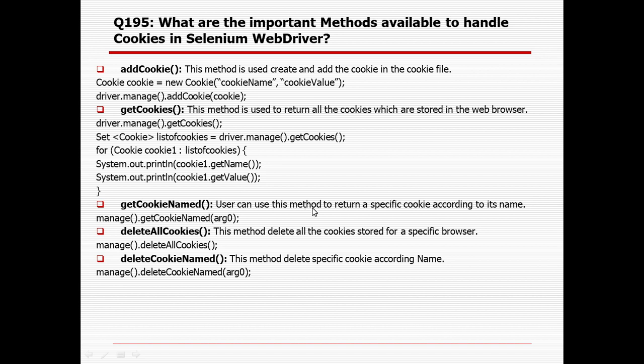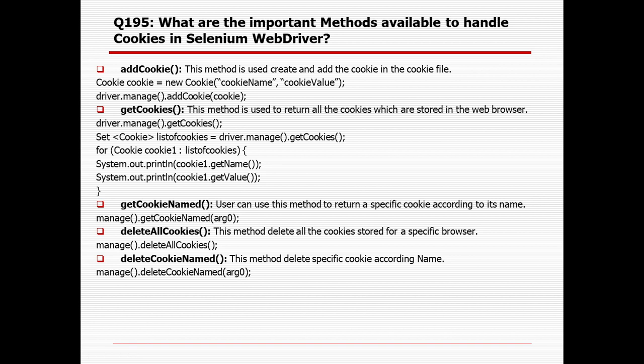The user can use this method to return a specific cookie according to its name. driver.manage().getCookieNamed, and here you need to provide the name so that you will get the cookie with the help of the already provided name. Similarly, if you want to delete a cookie, you can use the delete cookie methods. If you want to delete a cookie by name, you can use the syntax manage().deleteCookieNamed and you need to provide that particular name, so that particular cookie will be deleted.